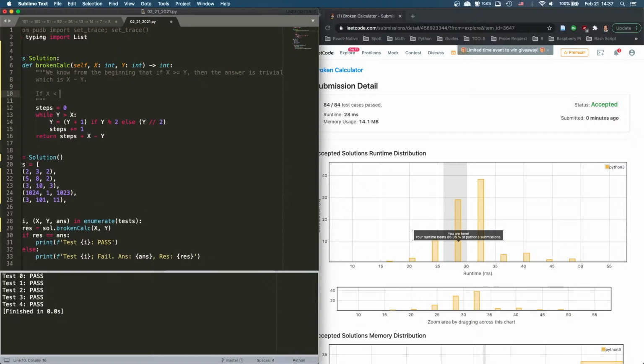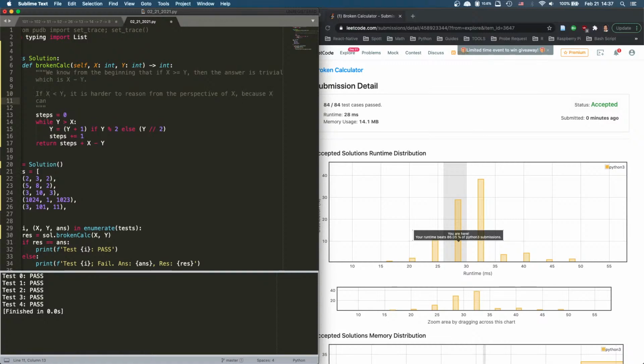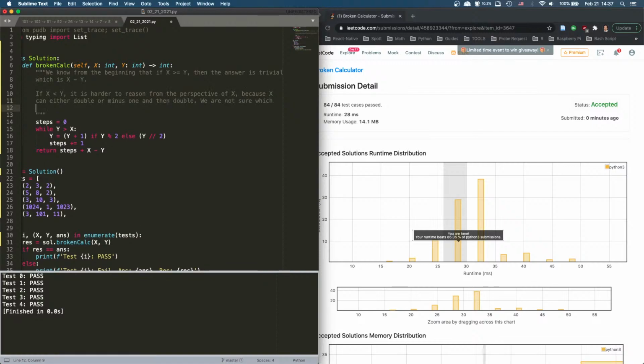If x is smaller than y, it is harder to reason from the perspective of x, because x can either double or -1 and then double. We are not sure which way to go.